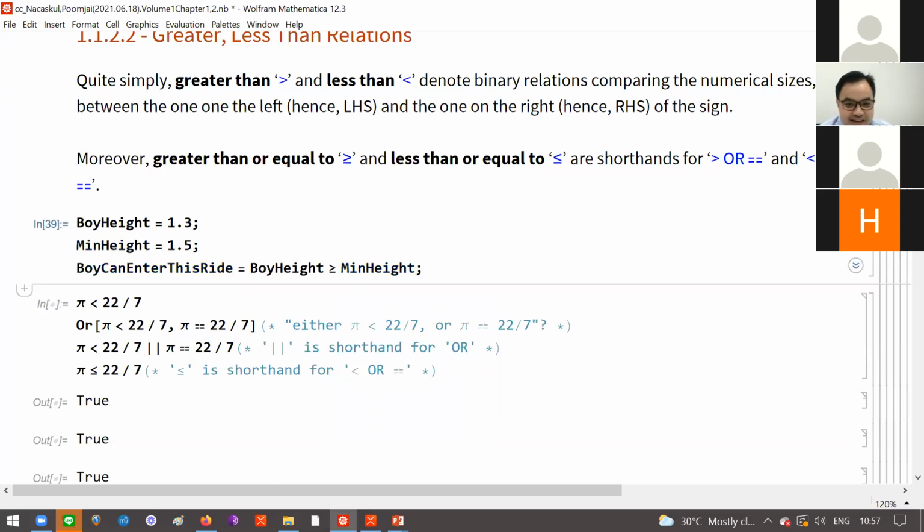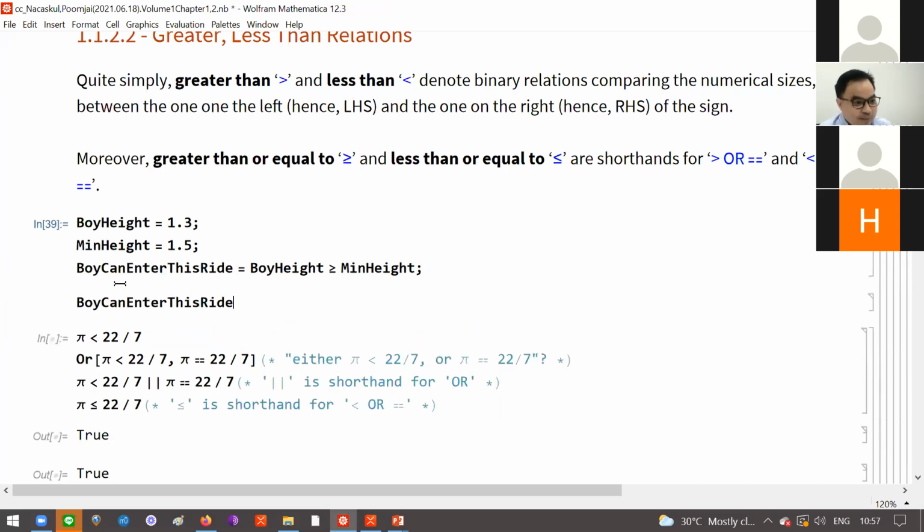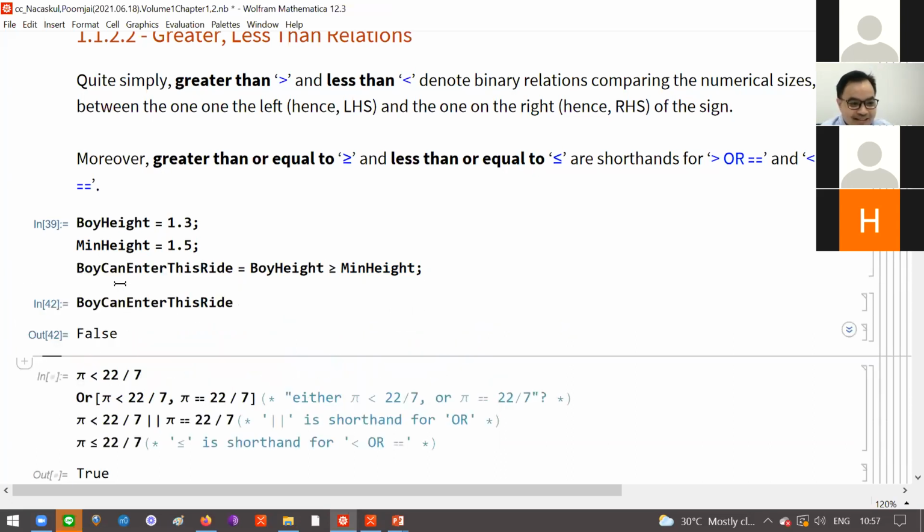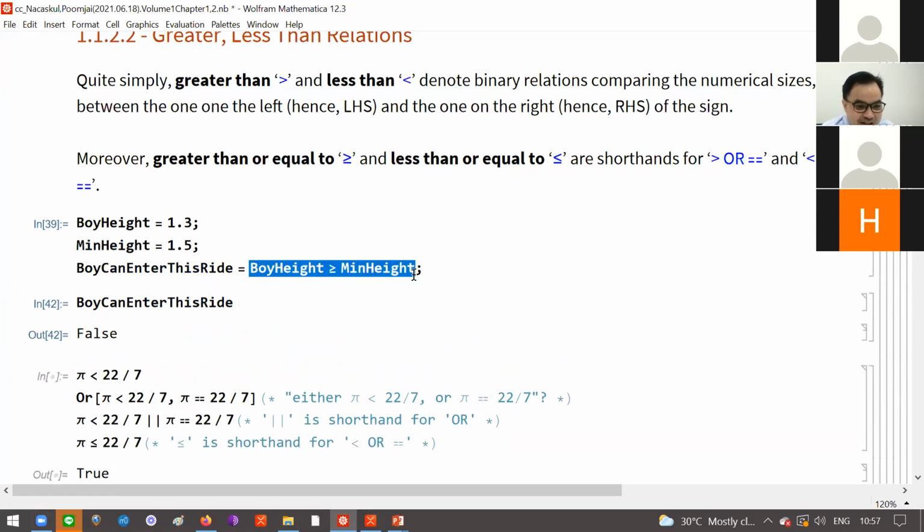Let's calculate this. What do you think is this value? Because this is an assertion. This assertion is based on this assignment and this assignment. This comparison says, is 1.3 greater than equal to 1.5? This is equal to false. You give false to this. This is what you get.